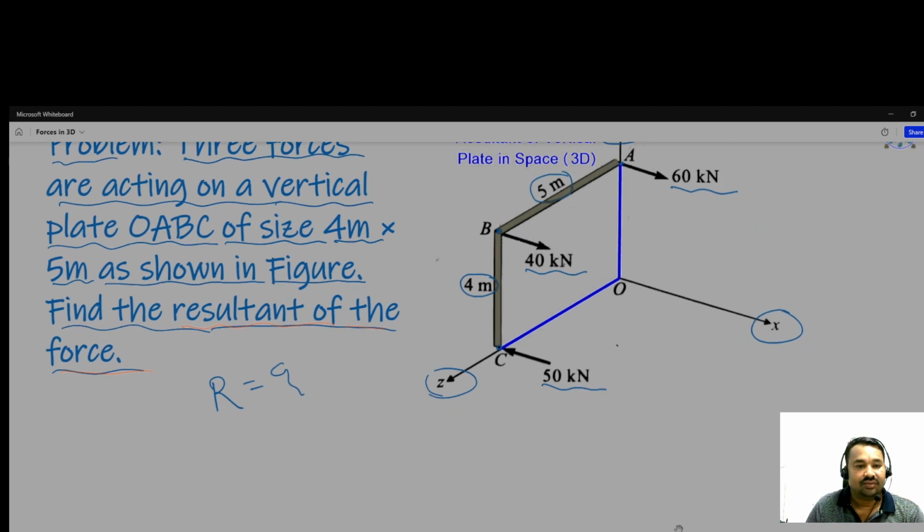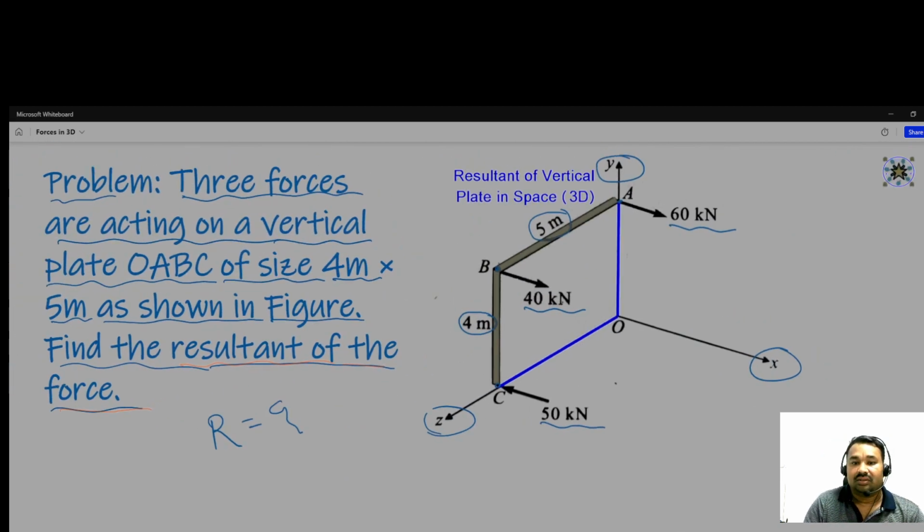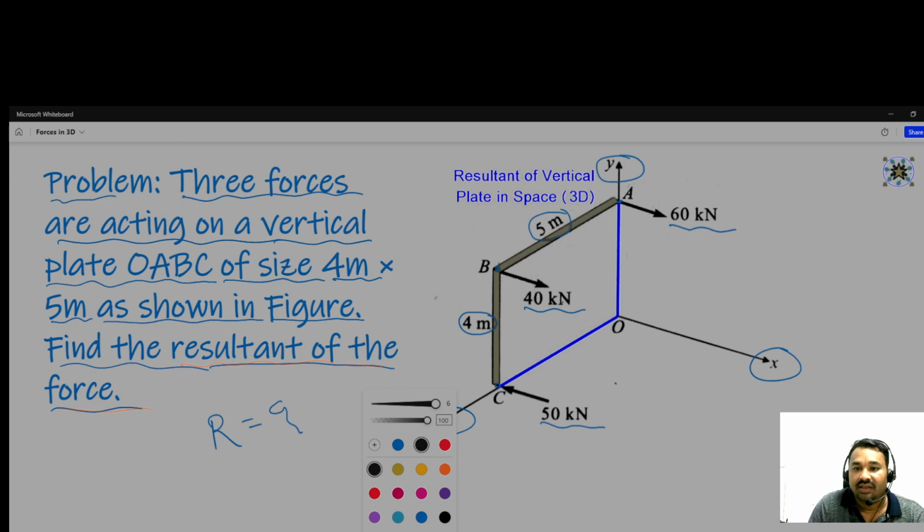Okay, so what about the directions of the forces? You can see the force here, 60 kilonewton, is acting at A and it is parallel to X. What about 40 kilonewton?